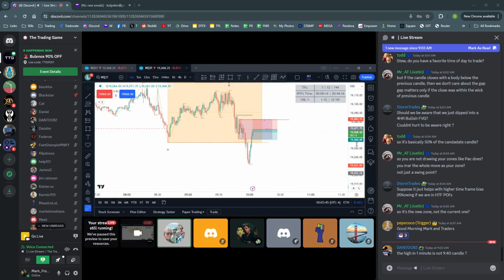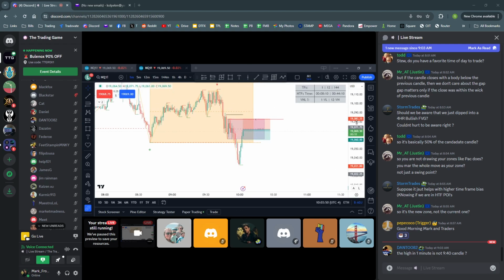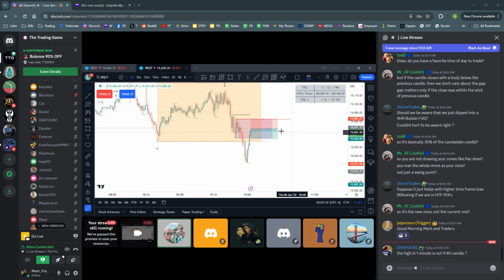Not my cup of tea because I don't have good luck with that. For me, it would just blast right through my zone. I always have a lot of difficulty taking trades based just on a zone. It taps at 50% and then you enter. I can't do that. I get stopped out constantly doing that.